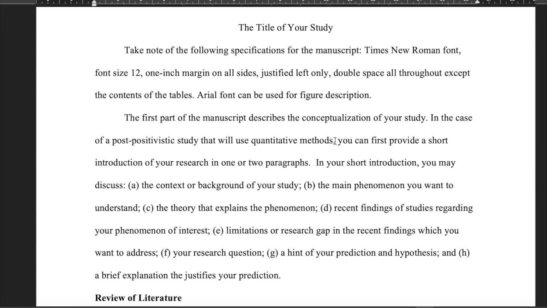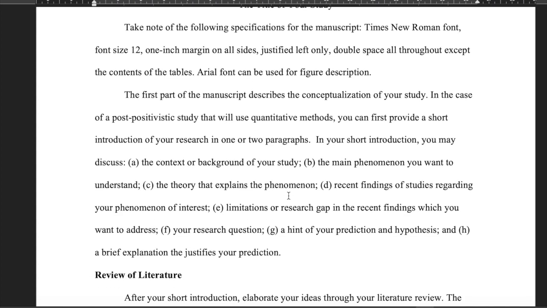So this part is generally your short introduction for your paper. In your short introduction, here are some of the things that you can discuss. By the way, this particular example is under the assumption that you're doing a quantitative study.